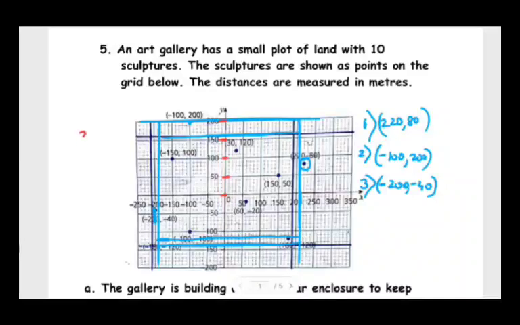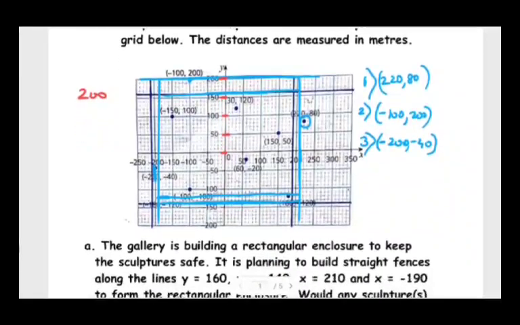So we have 200, and this is 120. So plus 120 gives me 320. So if I assume that this is the length, my length is 320. Okay, and let me check for the width or the breadth.